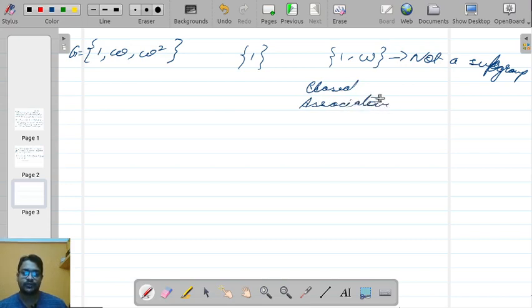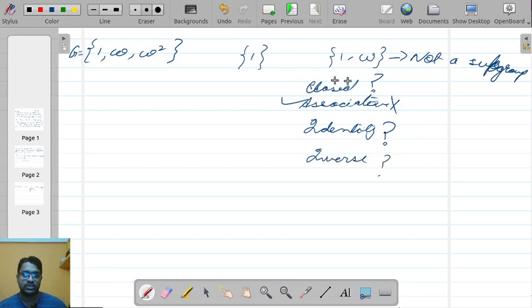Not only for a subgroup, for any subset of the group the associative property is always true, so there is no point in checking it. The other things we can check are whether the identity belongs to this set, whether it is closed, and whether the inverses of the elements are there or not. So these three things we have to check.